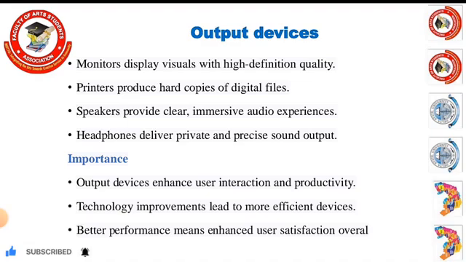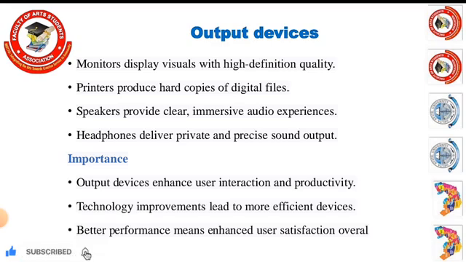So the monitor displays visuals of high definition quality. Today we use the HD qualities. The printer produces hard copies of the digital files. Your speaker provides clear, immersive audio experiences. What is their importance? These output devices we are looking at right now enhance our interaction and productivity with the computer system.